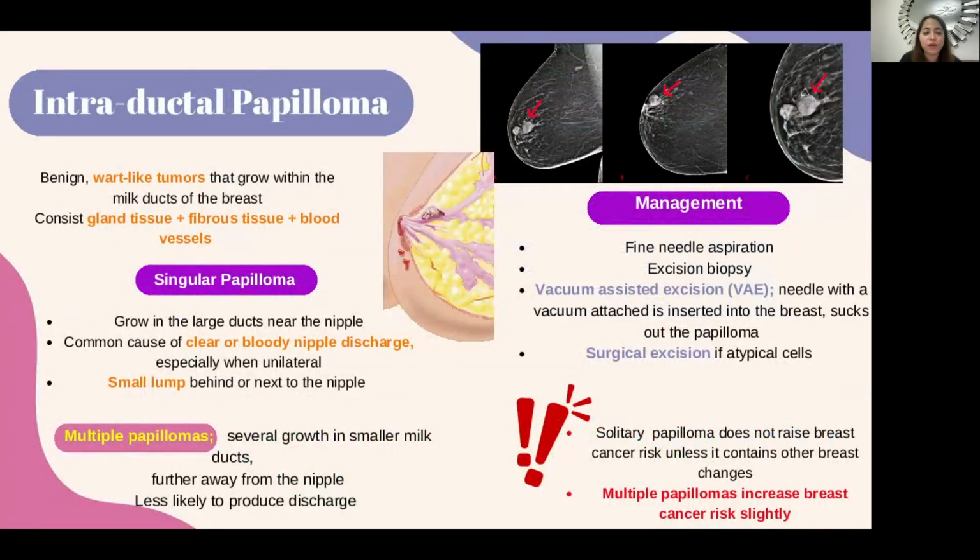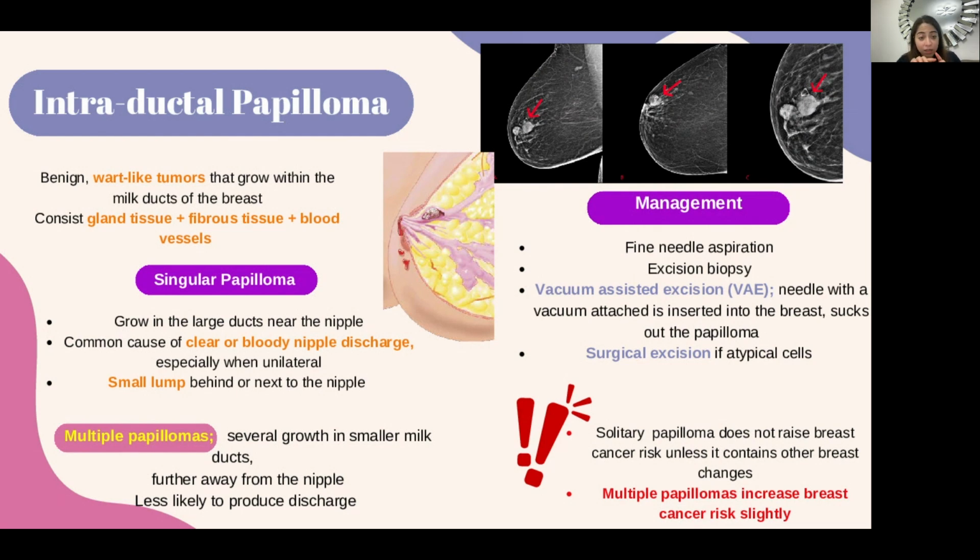Moving on, then we've got the intraductal papillomas. Commonly you get a singular papilloma, but you can have multiple. They're again benign, but these are wart-like tumours and they grow in the milk ducts. They consist of fibrous tissue, blood vessels and gland tissue. So in the presentation, they can cause clear or bloody nipple discharge because of those blood vessels that they are made up of.